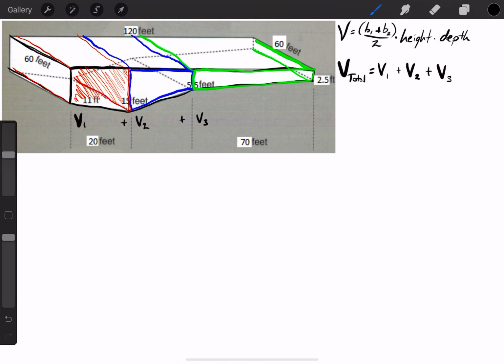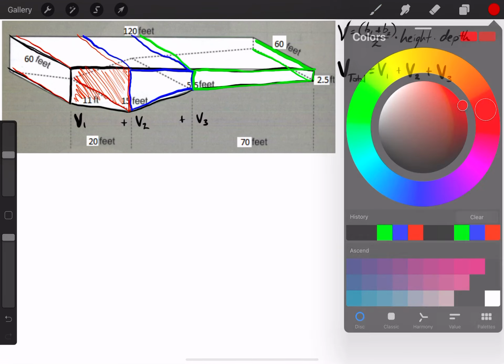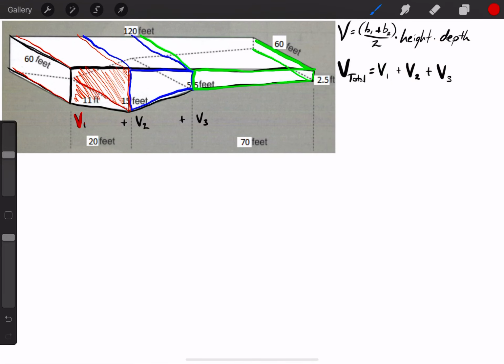So again, for V1, I'll do a little diagram here. We've got 11 feet on this side, 15 feet on this side. We've got a width of 20 feet. And then we do have that depth of 60 feet.